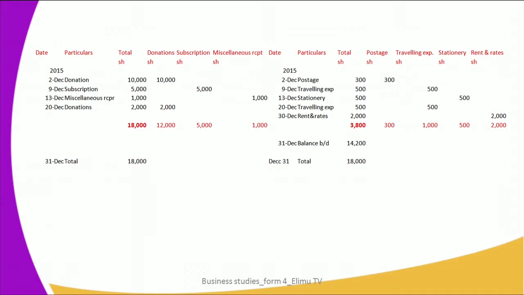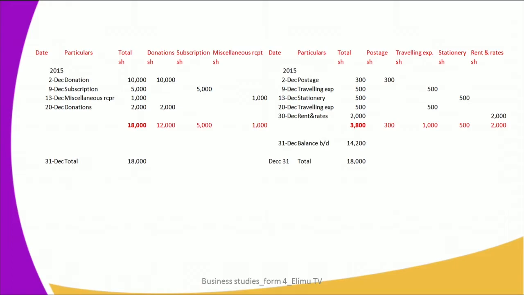And as you can see, on the 2nd of December, you have revenue in the form of a donation, 10,000. So you include that amount under the total column. Then you don't forget to put that amount under the column of donation. So we are recording the amount twice: first under the total column, then under the column for that particular revenue.